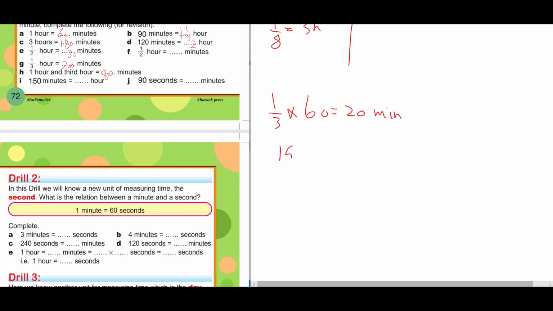So 150 divided by 60, cancel 0 by 0, so it becomes 15 over 6. 15 over 6 equals 2 and a half. 2.5 hours.